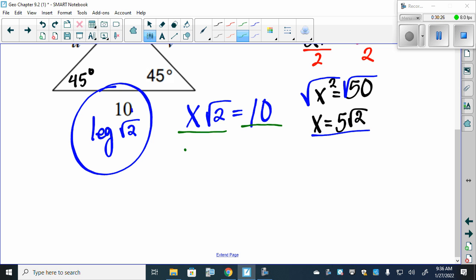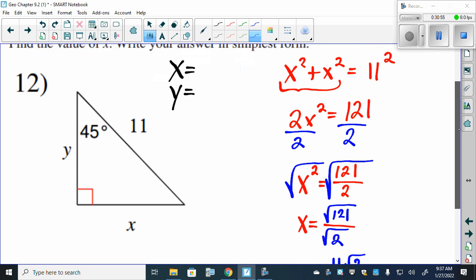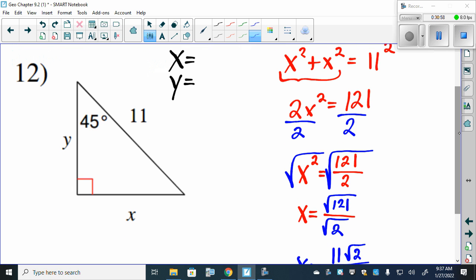Dividing both sides by the square root of 2, because the square root of 2 divided by the square root of 2 cancels out, giving us x. So plug it in and see, what is 10 divided by the square root of 2? Square root of 2 over 2, 11 square root of 2 over 2.